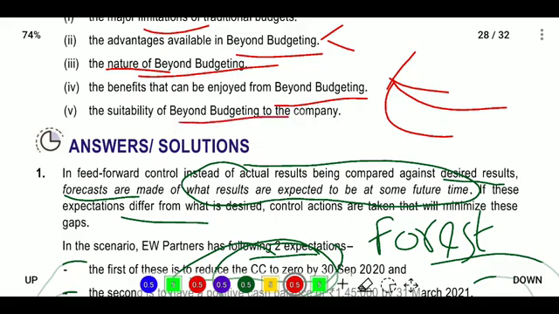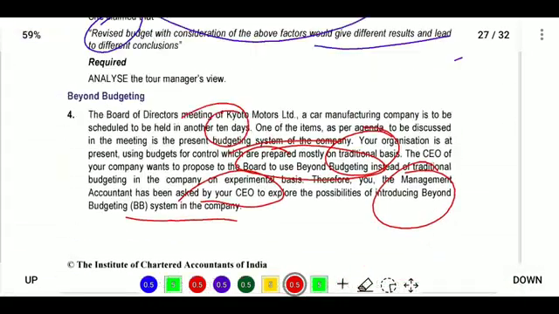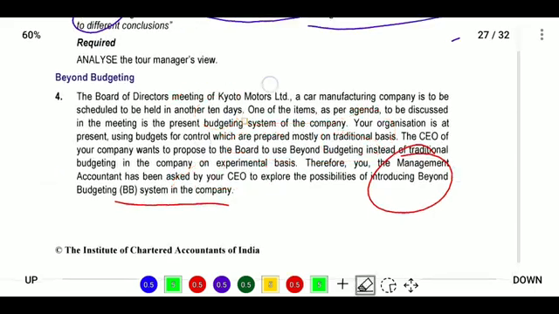Next, suitability of beyond budgeting for the company. Now, what company is it? It is a company in the automobile industry. So Kyoto Motors Limited means the automobile industry. In the automobile industry, if you use traditional budgeting you are using the old way, so it is required to adapt to the new.